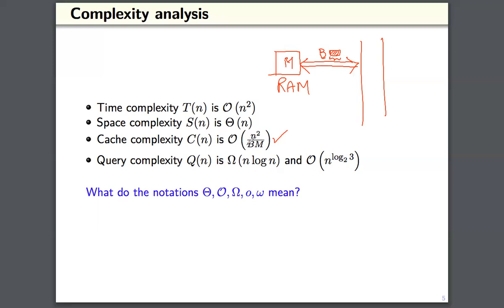Okay. How do we consider complexity analysis? Query complexity is, say, omega of n log n and O of something. So what is the meaning of O? What is the meaning of theta? What is the meaning of omega? Right? And why do we have two complexities here, omega as well as O? What do they mean?